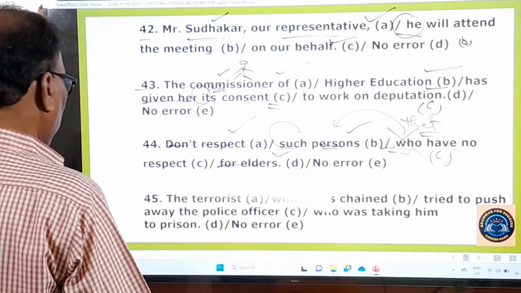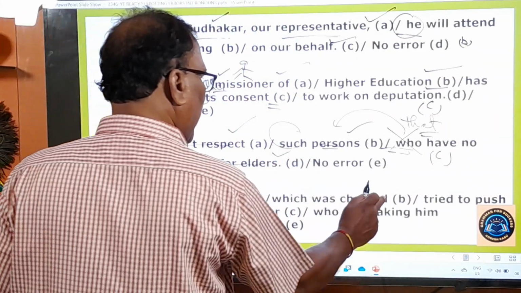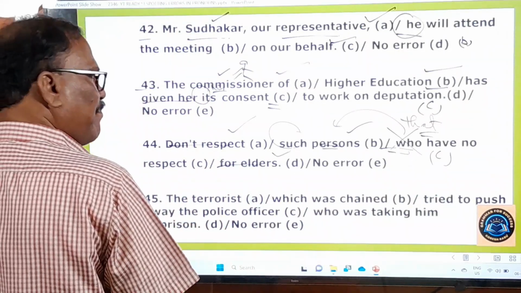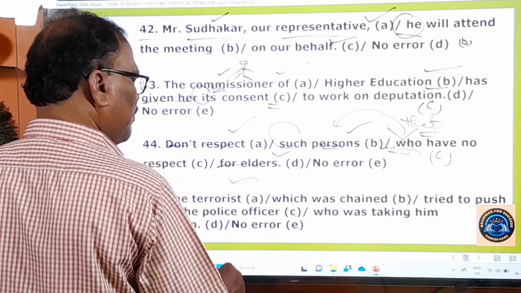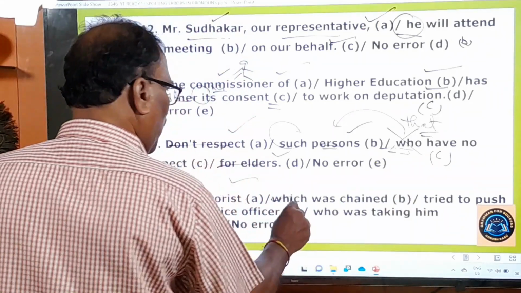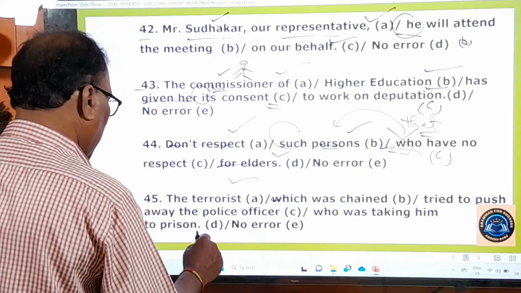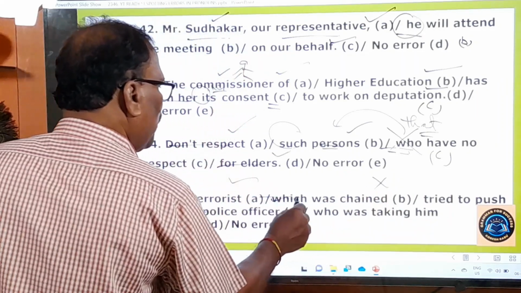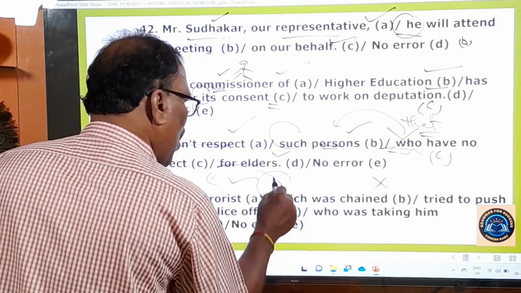And here: "The terrorist which was chained tried to push away the police officer who was taking him to prison." So here "the terrorist" okay, and "tried to push away the police officer" okay, and "who was taking him to prison" okay, but this B part is not okay. Why? To refer to this person, "which" is wrongly used.